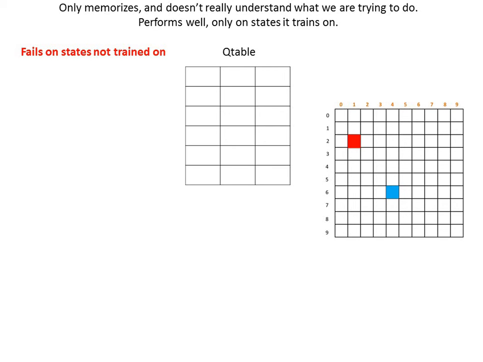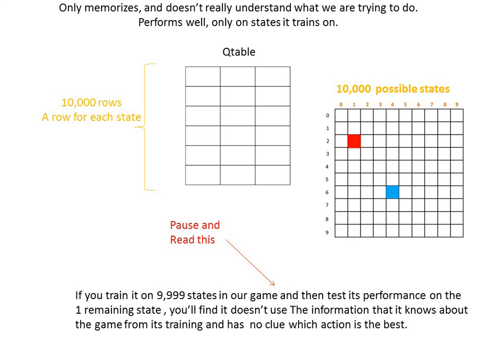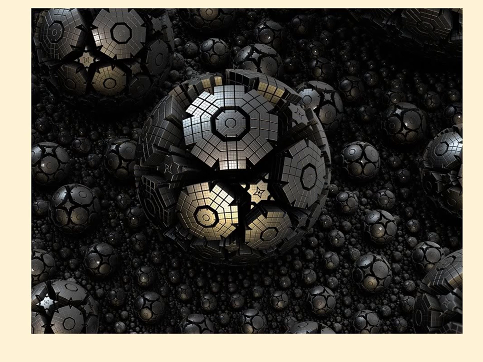Because this game is relatively simple, all of the possible states are just 10,000. The total states are just 10,000 states. So the Q table is not very big. But in more complex environments, in more complex games, the number of states can increase exponentially.